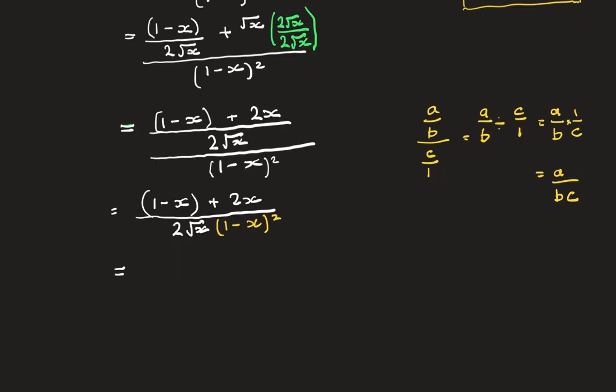And this is 1 minus x plus 2x becomes 1 plus x over 2 root x, 1 minus x all squared, which is what we wanted to show. And this is our gradient function, dy dx, gradient function.